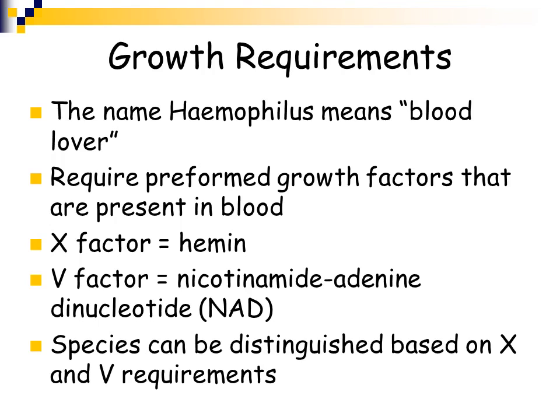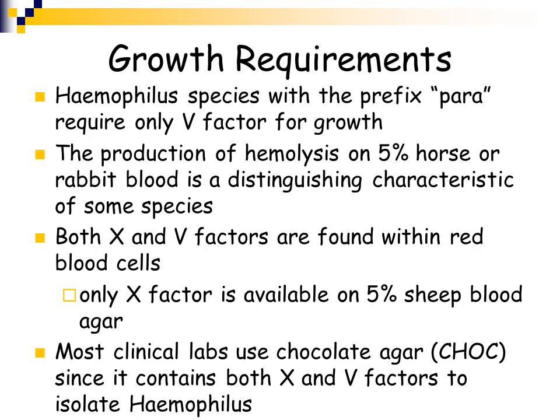Now, the thing about these growth factors is that's one way to distinguish the various Haemophilus species, based on whether they require hemin or X factor, NAD or V factor, or both the X and the V factor. The Haemophilus that have the prefix para usually only require V factor for growth.